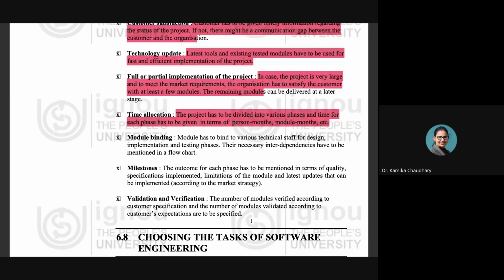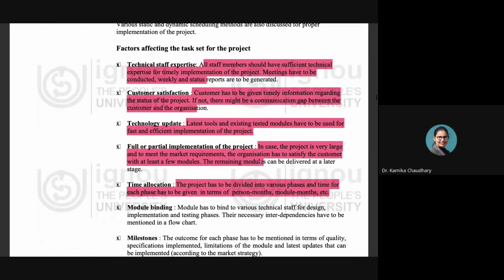So this module is fulfilling this much of the customer's expectation, and that is why it comes under the validation part. Verification includes meeting the customer specification, and validation includes meeting the customer expectation. So all these are the factors which affect the task set for the project.